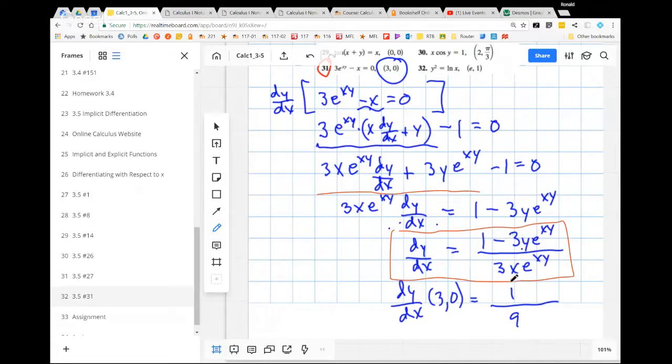So 1 minus 0 is 1 on the top, and on the bottom, 3 times 3 times e to the 0, which is 1. So 3 times 3 times 1 is 9. There we go. The exact derivative at the point (3, 0) is 1/9.